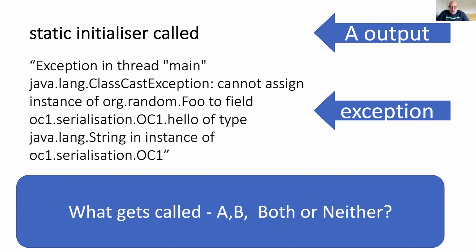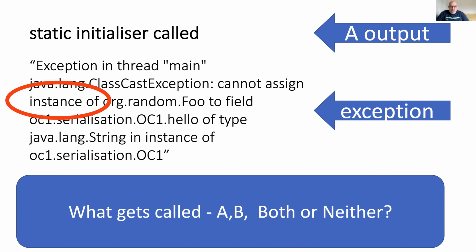So when we do this deserialization, we get the message that says the class has been loaded, and then we get a ClassCastException, right? But have a look at this. It says instance.